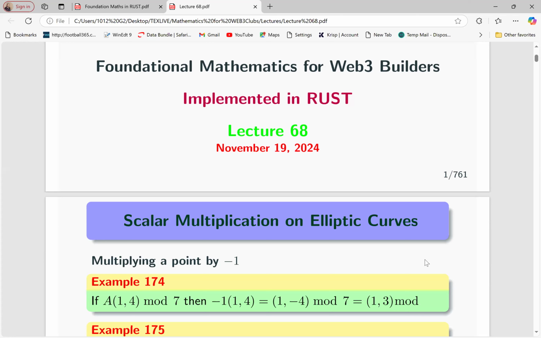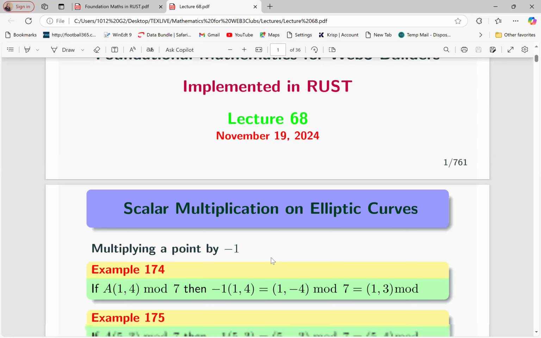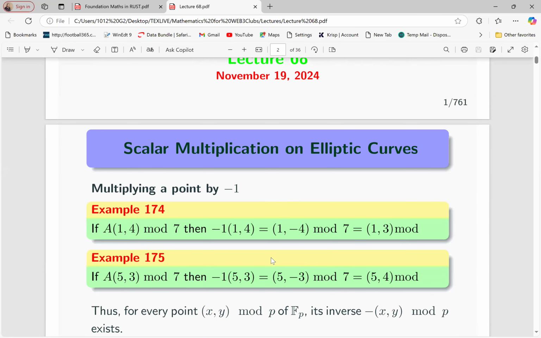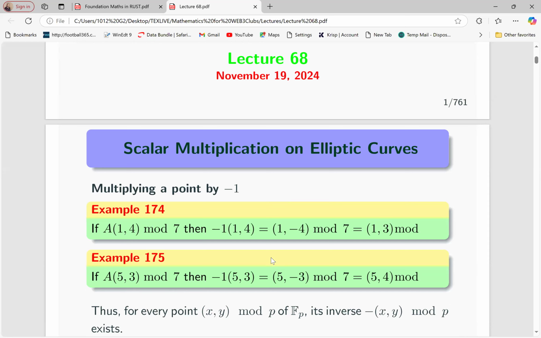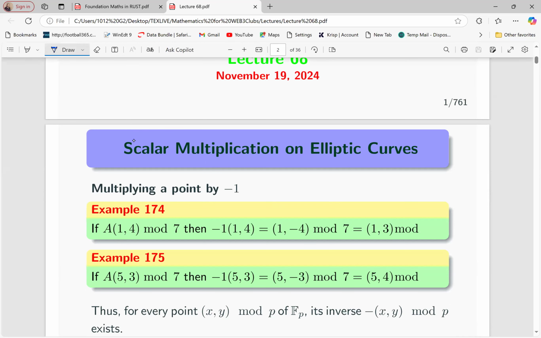So we begin with a very easy part where we take our scalar to be -1. And so we want to multiply a point by -1. That is just the same as getting the inverse of point A. So when you multiply point A by -1, that is the same as getting the inverse, -A. If this is point A, mod 7, and then you multiply by -1, the sign of the y coordinate is the one that changes.